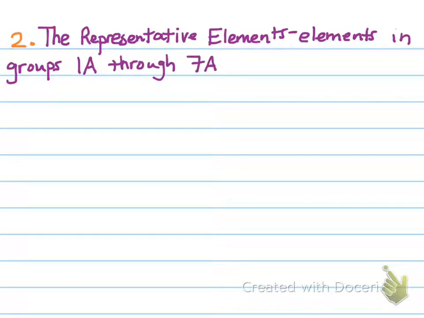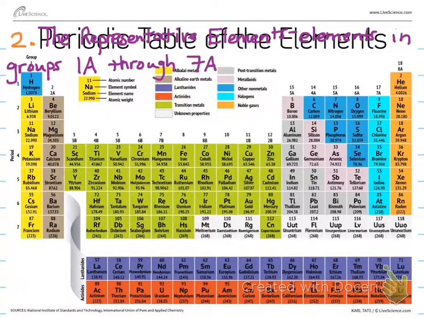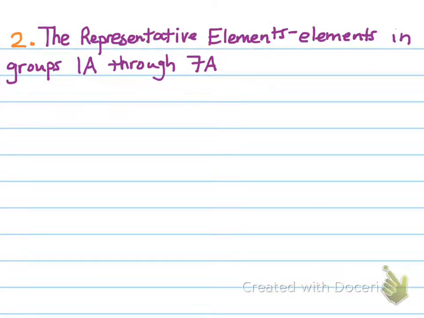So I'll put a periodic table in here really quick to show you where we're talking about. Okay, so again, what we're talking about here are our tall columns of the periodic table. These are our representative elements. These are the ones that we talked about yesterday, which were our noble gases.